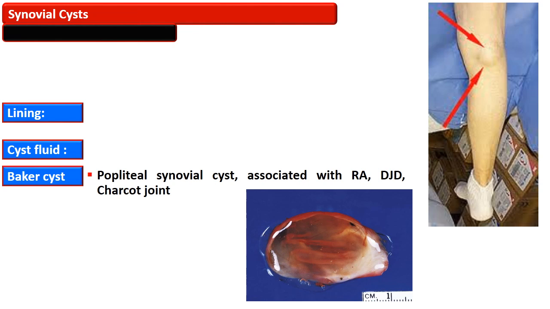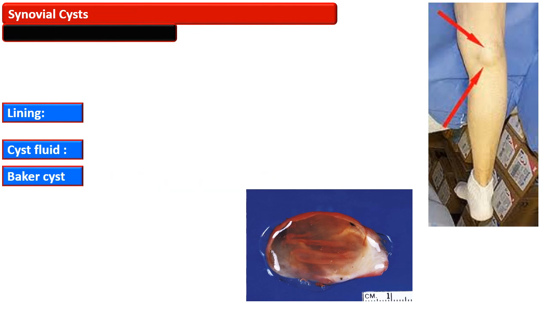Then there is a term, Baker cyst, named after the scientist who described this lesion. This is the herniation of the synovium of the knee joint into the popliteal space, as shown in this picture.